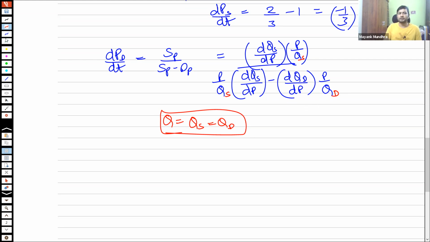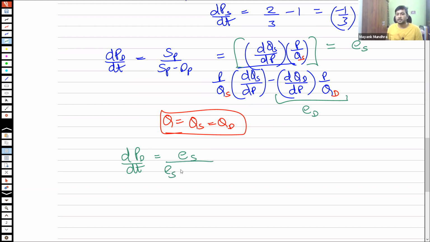The reason I'm doing this is that now this numerator is basically elasticity of supply, and this thing becomes elasticity of demand. So what I have in the end is dPd by dt equals elasticity of supply upon elasticity of supply minus elasticity of demand.